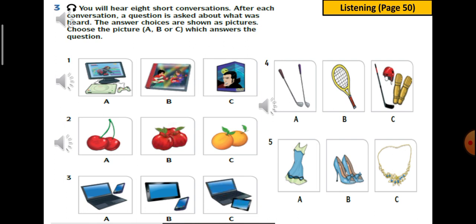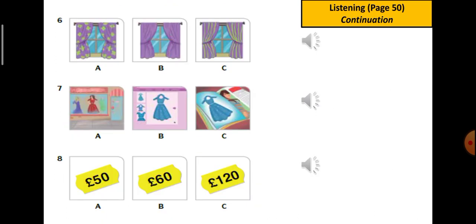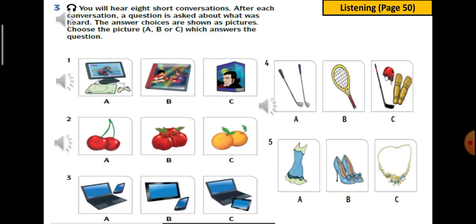Then so on and so forth for questions 2, 3, 4, 5, 6, 7, and 8. Okay, there are pictures that are very straightforward. It's easy to identify. For example, let's look at question 2. It's easy, right? You have A, cherries, B would be apples, C would be oranges. Those are easy to identify.